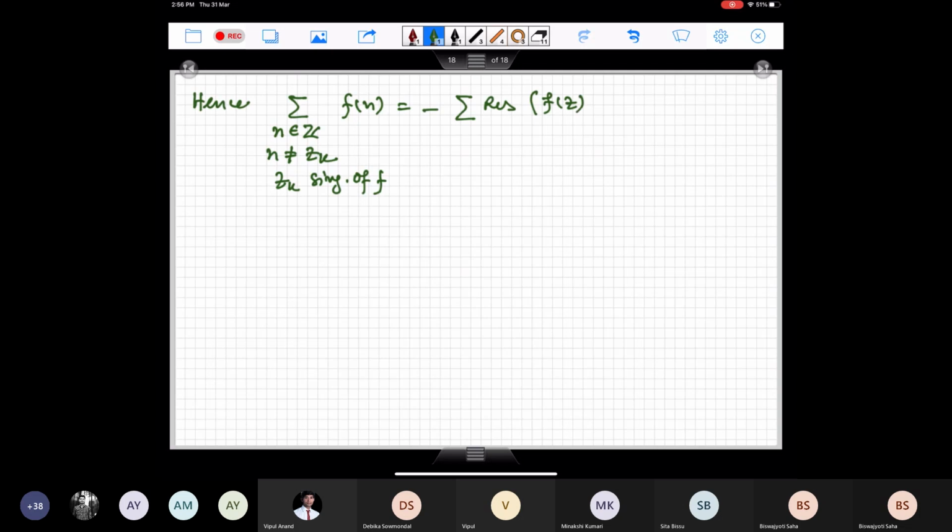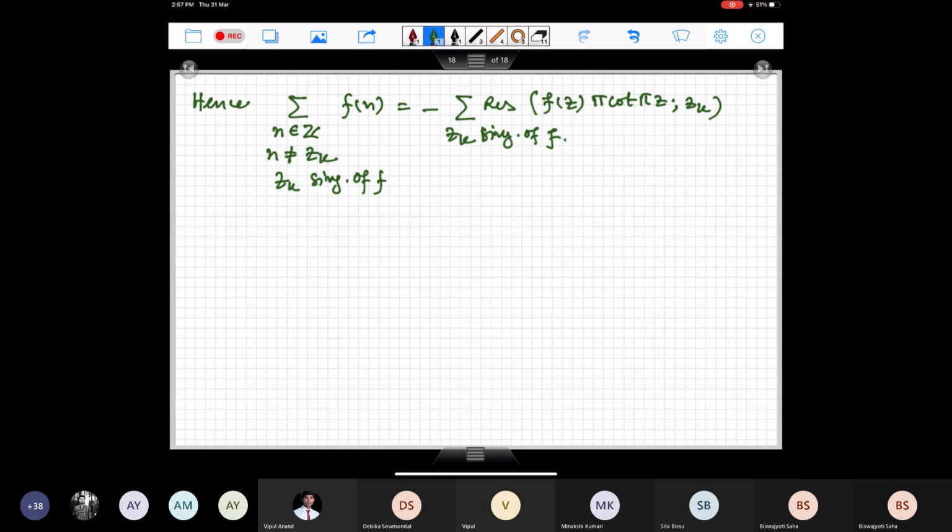Here I am not writing h; let me write the actual function, because you can treat this as the formula. The zk are poles or whatever singularities. So that's the formula that we have over here.